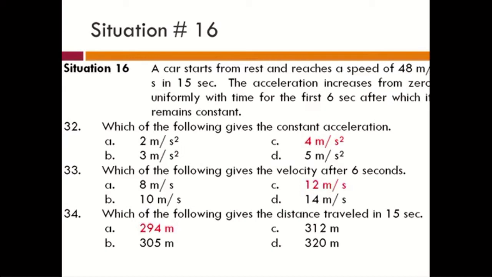If possible, the first thing you draw is the acceleration time graph because everything comes from there. Okay? So, this first. Let's look at the second statement first: the acceleration increases from 0 uniformly with time for the first 6 seconds, after which it remains constant. That's our drawing first. It says, like this.